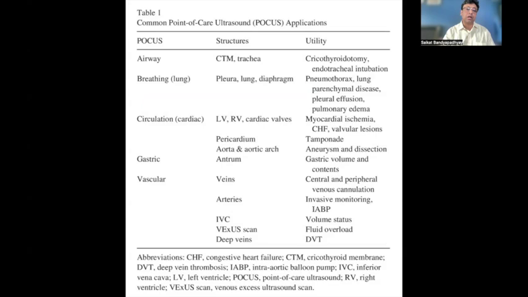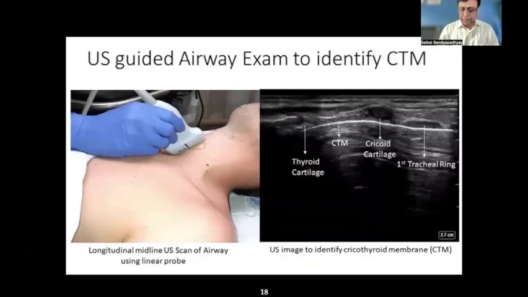And also we're going to look into the gastric ultrasound briefly for assessing how much gastric volume you have before you induce the patient, which can save your patient from having an aspiration. And vascular ultrasound we do every day in the ICU and the OR. I'm not going to specifically talk about that, but I'm going to go directly to the subcostal view, how to look at the IVC and do a VEXUS or a venous excess ultrasound from the view of the liver.